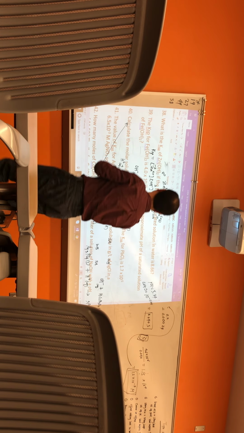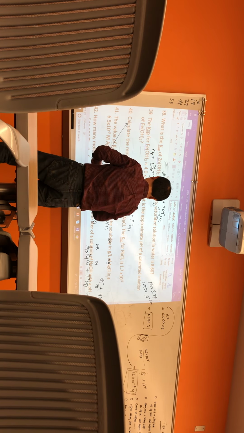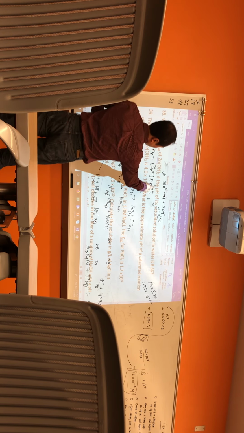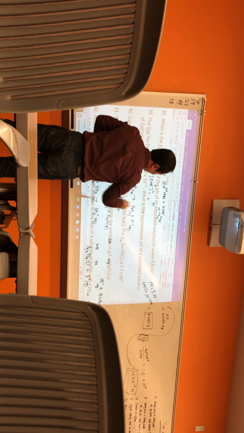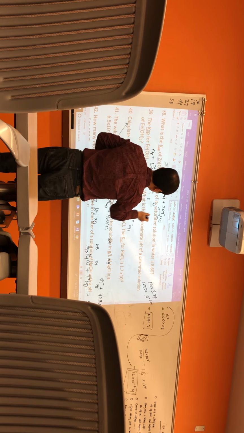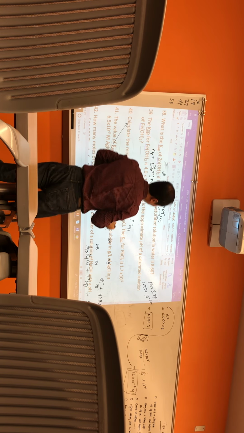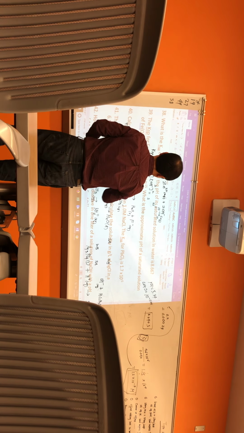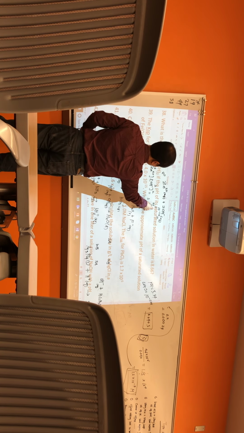So actually you could say if S amount dissolve, this will be S, this will be 2S. And then 2S has to be the hydroxide concentration. Therefore, zinc is half of this guy.